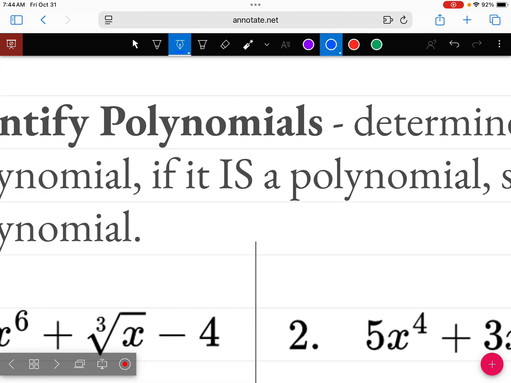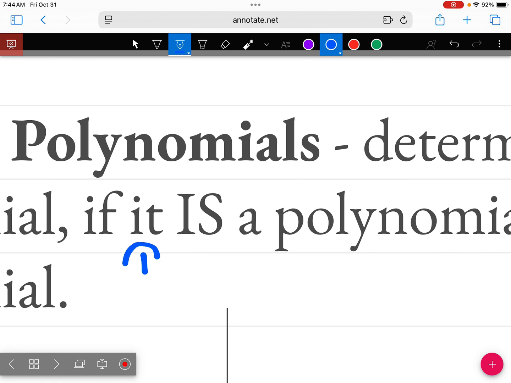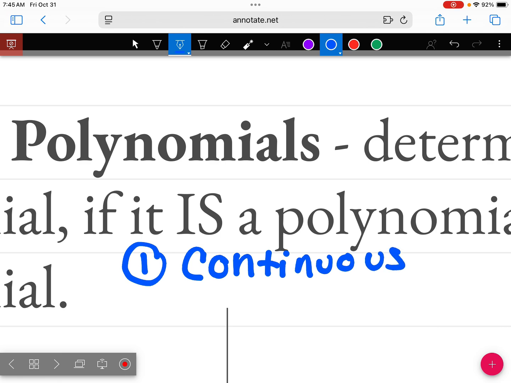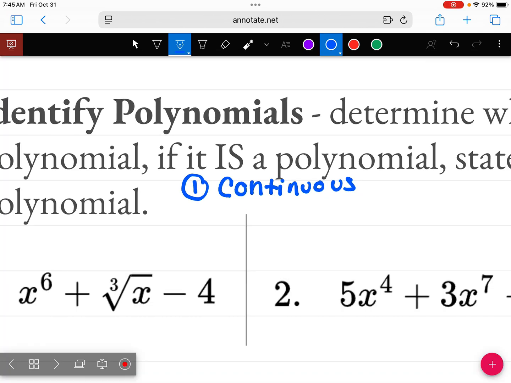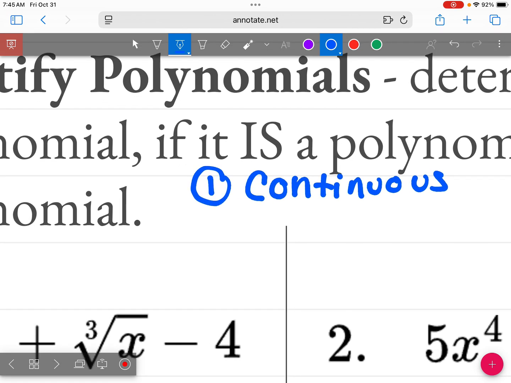The ones we wrote down, we said that it needed to be continuous. So continuous means we're not dividing by x or y, nothing in the denominator, and only whole number exponents.